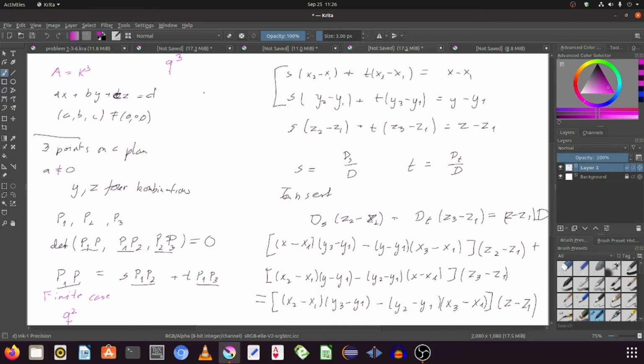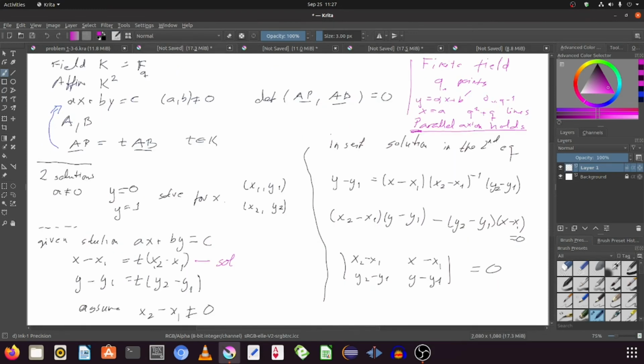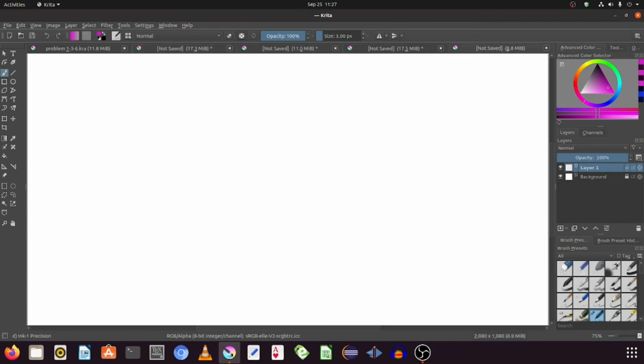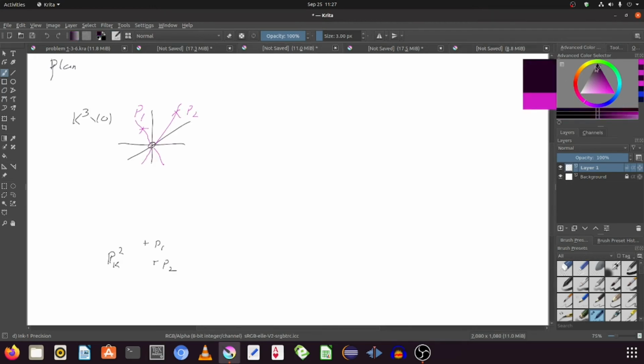I think it was more interesting with the plane that it's actually a Euclidean plane. So let's go to the projective space. Let's just do it on this one. So how many points do we have here in the finite case?